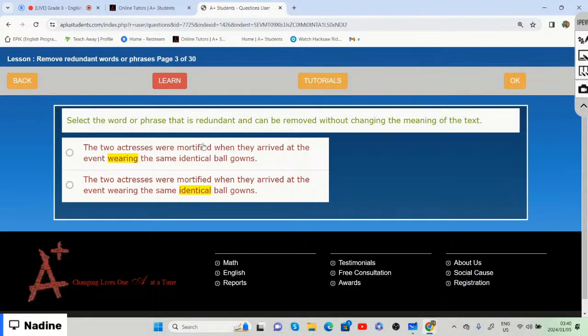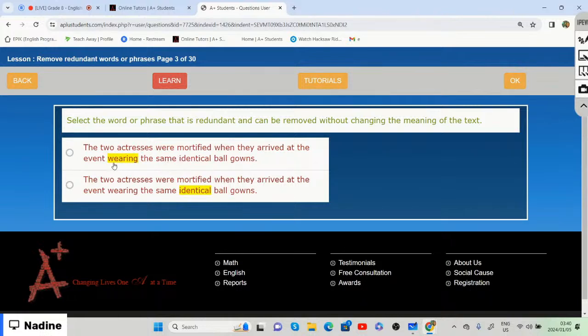The two actresses were mortified when they arrived at the event wearing the same identical ball gowns. We need to choose the word or phrase that is redundant and can be removed without changing the meaning of a text.